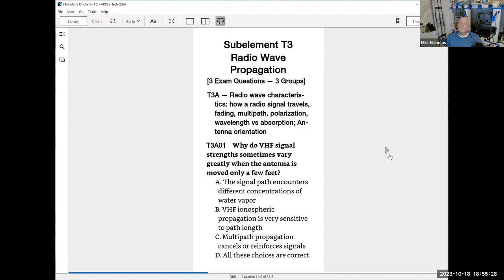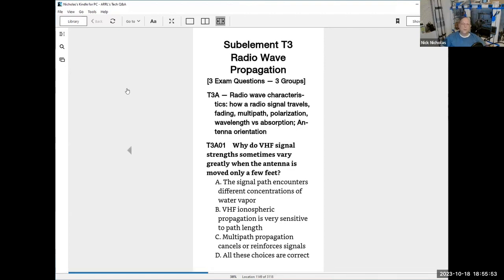And this is an interesting question because I'm going to read you all the answers. The signal path encounters different concentrations of water vapor. VHF ionospheric propagation is very sensitive to the path. Multi-path propagation cancels or reinforces a signal.